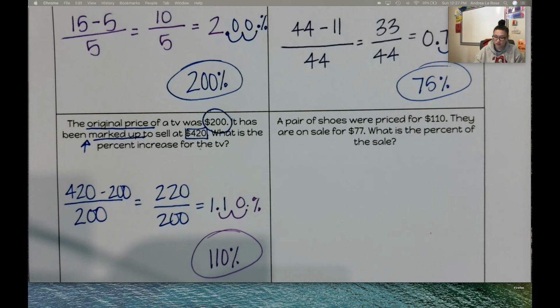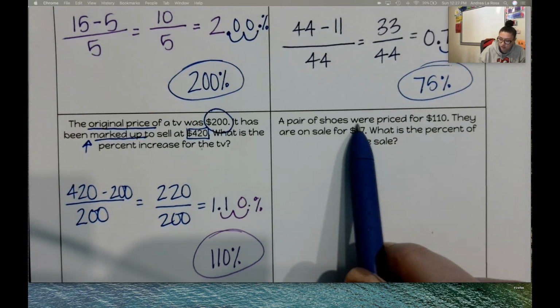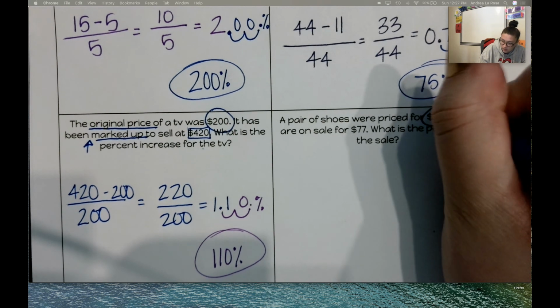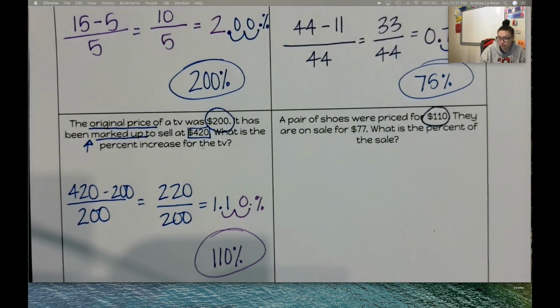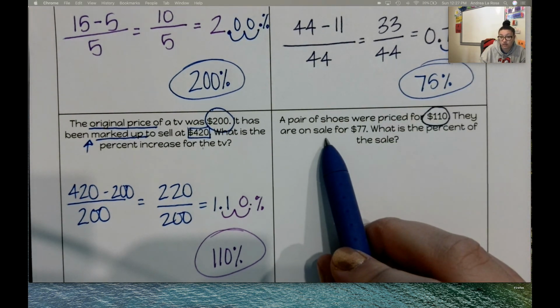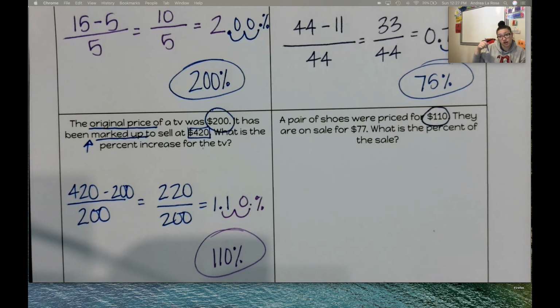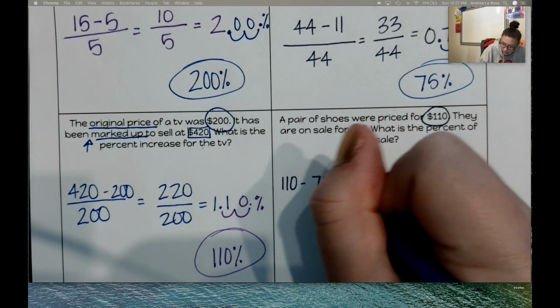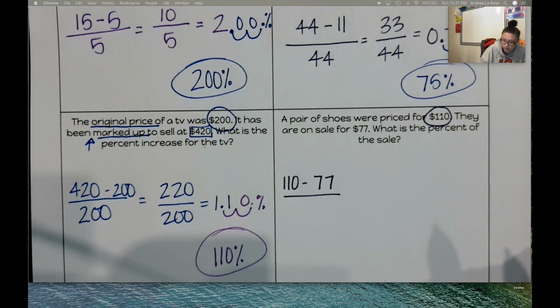Okay. So here, my shoes were priced for $110. That means that's my original price because now they're on sale. Now they're cheaper. The price has gone down for $77. So I need to subtract my 110, big number, minus small number over original.